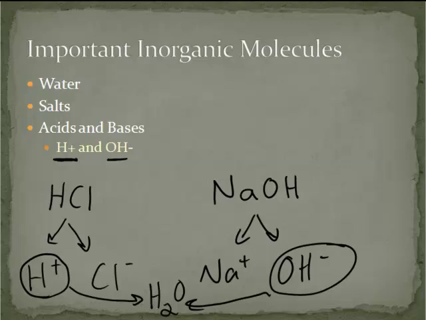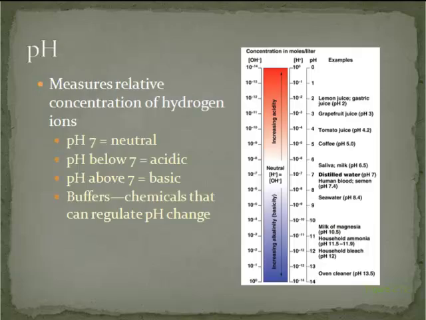So when we're talking about acids and bases, we have something called pH. And pH is basically telling you how many hydrogen ions or how many hydroxide ions are found in that substance, in that liquid, whatever it might be. And so this is a pH scale that we're looking at here. Notice that it goes from 0 clear up to 14, 7 being the middle.